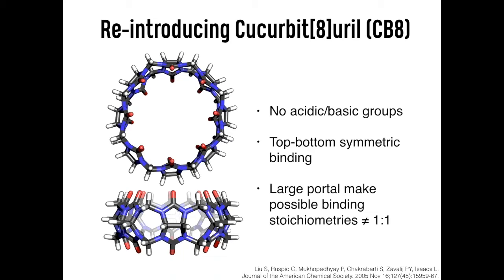Typically, this means that when sampling the conformational space, either we need to use some kind of accelerated sampling to be able to flip and sample all the relevant binding modes available, or we need to make sure that we don't flip and we correct for symmetry later. Another key aspect of this is the portal, which is relatively large and opens up the possibility for different binding stoichiometries, and I'll talk about it a little bit later.